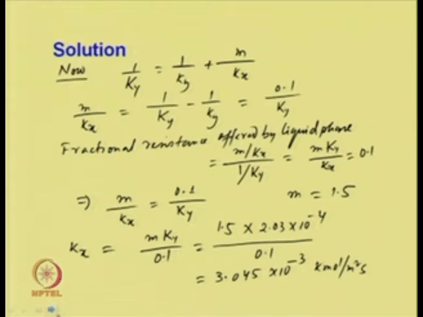Now, we will calculate the flux. To calculate the flux, we know the equilibrium composition y a star is equal to m into x a. m is given 1.5 and the concentration in the particular location is given 0.002, which is equal to 3 into 10 to the power minus 3, and y a b is given 0.05.